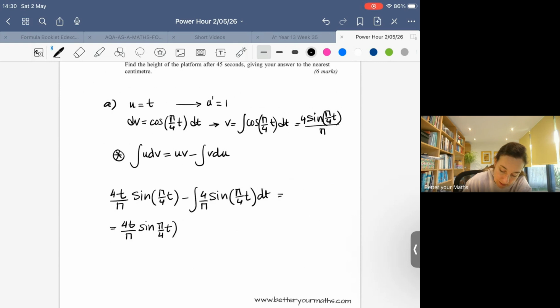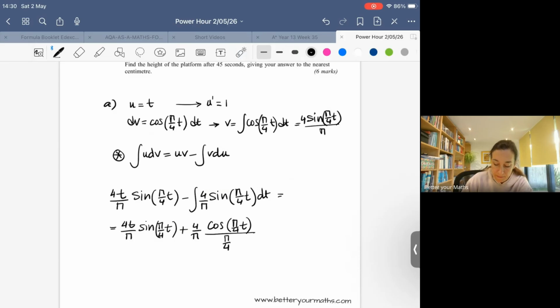Please, if someone is lost with anything, please tell me. I have this pi quarters that is going to be there. Then integral of sine is minus cos. So I'm going to change this into plus, yeah? And then it's going to be cos pi quarters t divided by pi quarters, yeah?